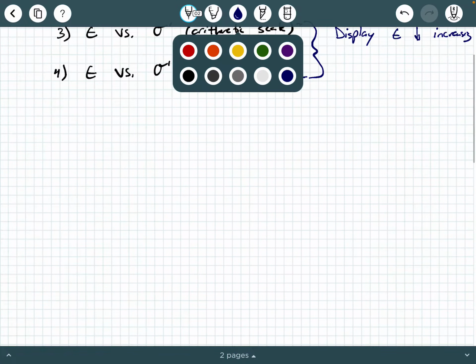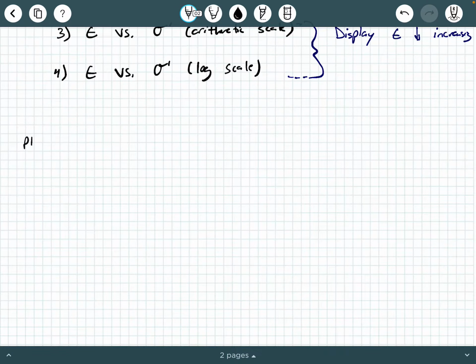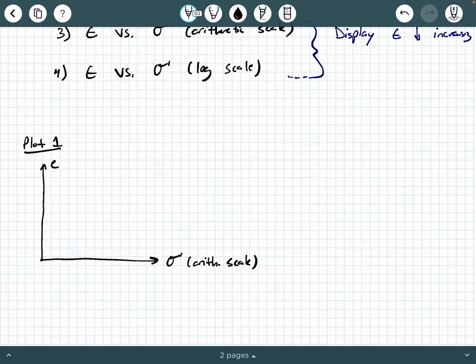So let's look at plot type number 1. So we would have e increasing up, and here is sigma prime on an arithmetic scale. So this is not on a log scale. So when we generate this data and we plot void ratio here, we're going to get a plot shape that looks something kind of like this.